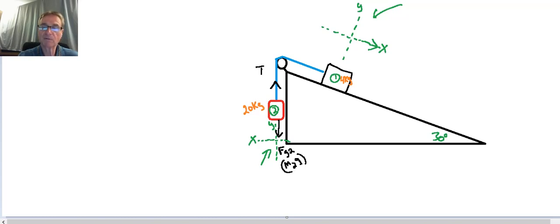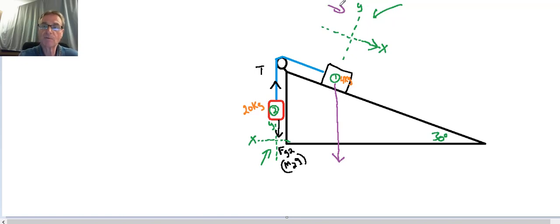Now let's look at the forces for block number 1. Well, we've got gravity, and gravity, remember, always goes in the direction of the center of the Earth. Okay, well, this is the direction of the center of the Earth. Is that going to help us? Is that in either the x direction or the y direction for our coordinate system up here?